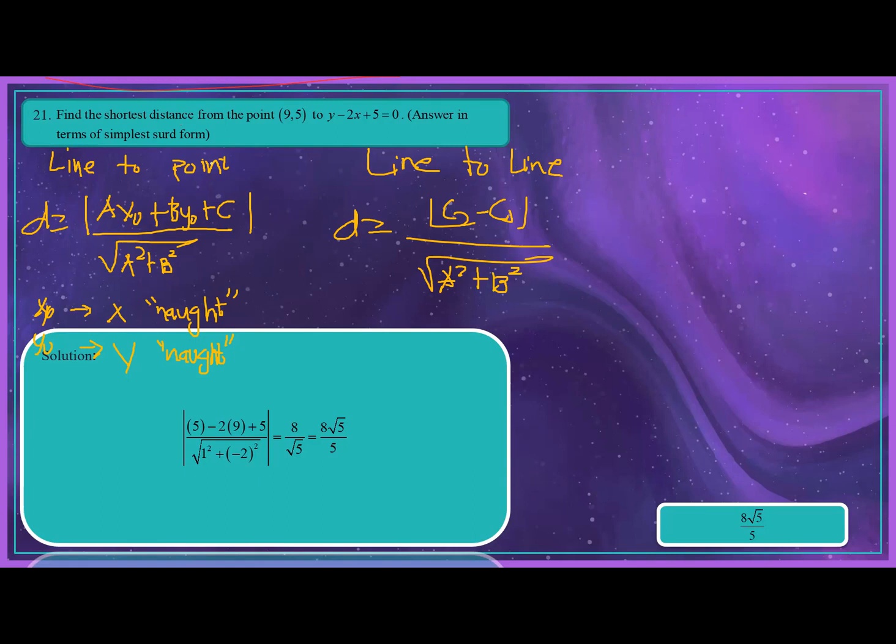So here, for our problem, the case is a line to a point. For a line, our equation should be ax plus by plus c equals 0, and our point would be x sub 0, y sub 0, which in this case is 9, 5. Here, our line is negative 2x plus y plus 5 equals 0.